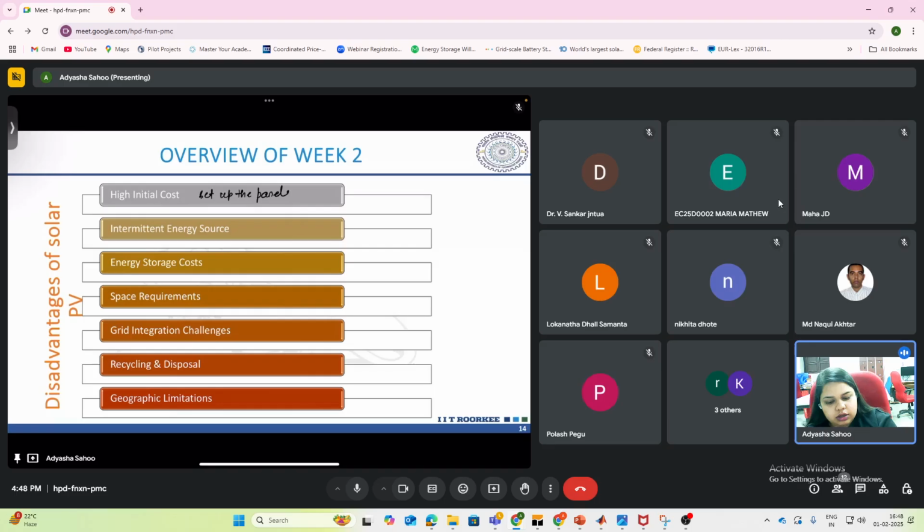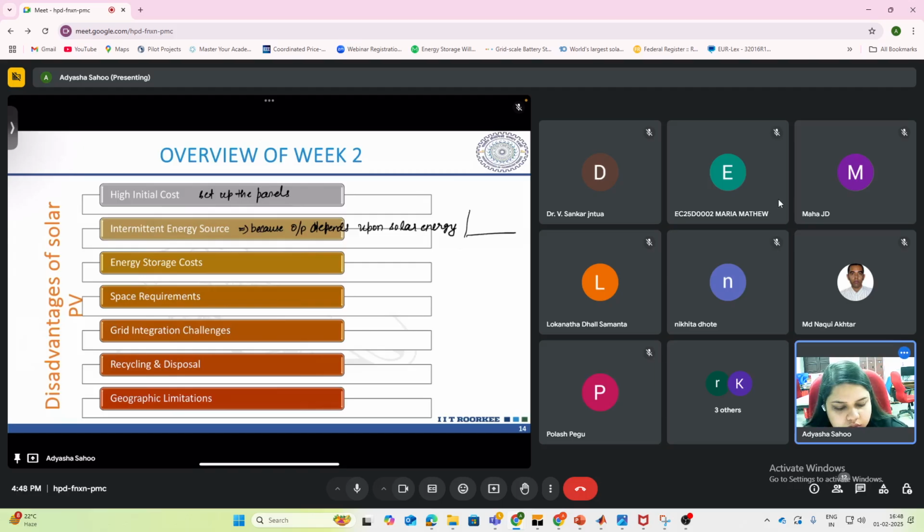Then it is an intermittent energy source, because the output depends upon solar energy, and solar energy, we know, will widely vary, it is not fixed.